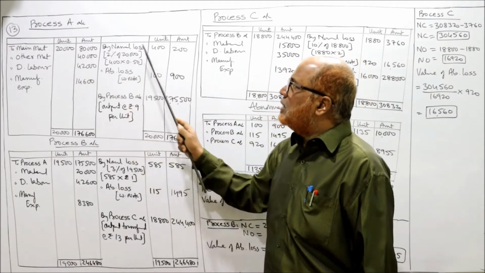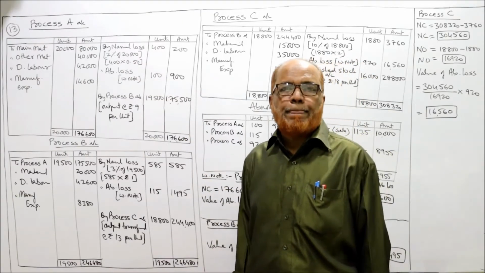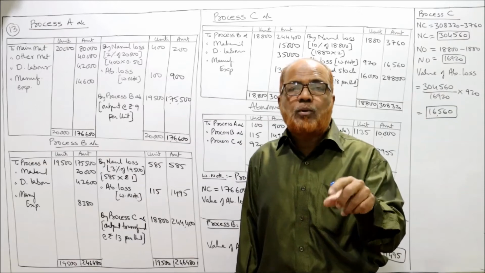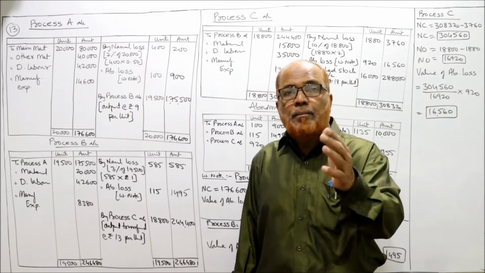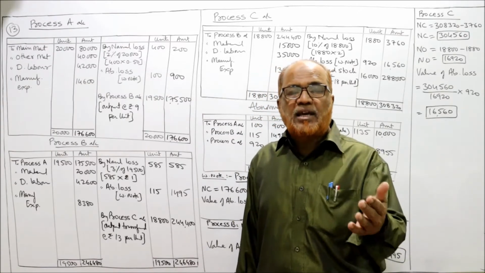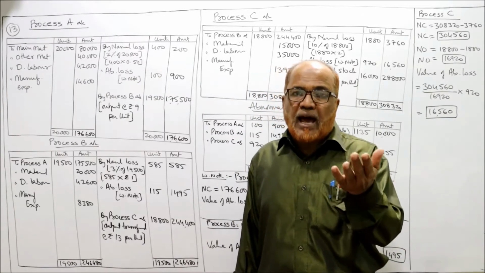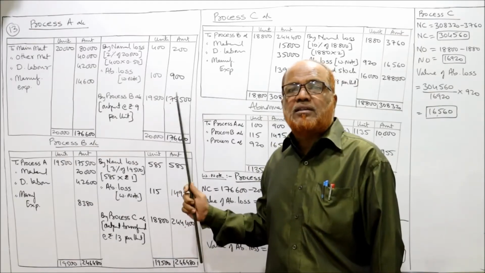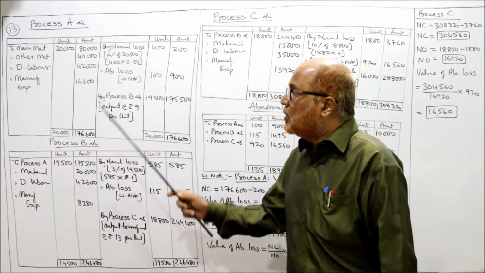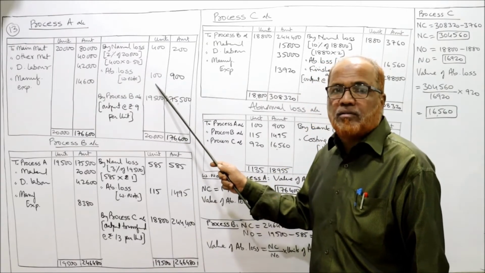So 20,000 minus 400, 19,600. The normal output is 19,600 but actual output is 19,500. It should come out as 19,600 but actually the output is 19,500. So 100 units is the abnormal loss. So by abnormal loss 100 units.